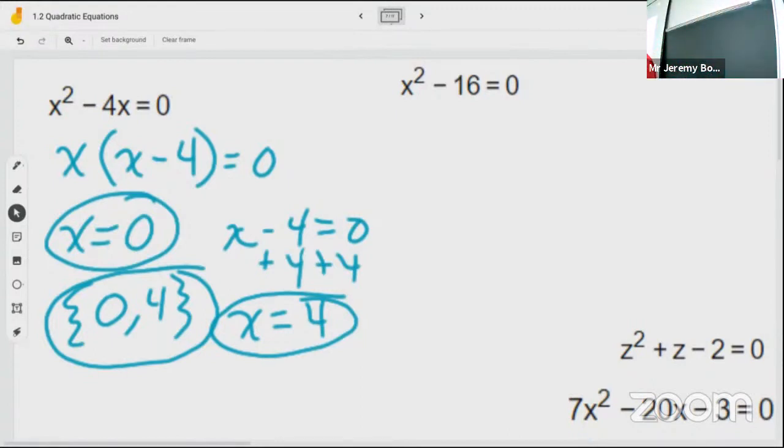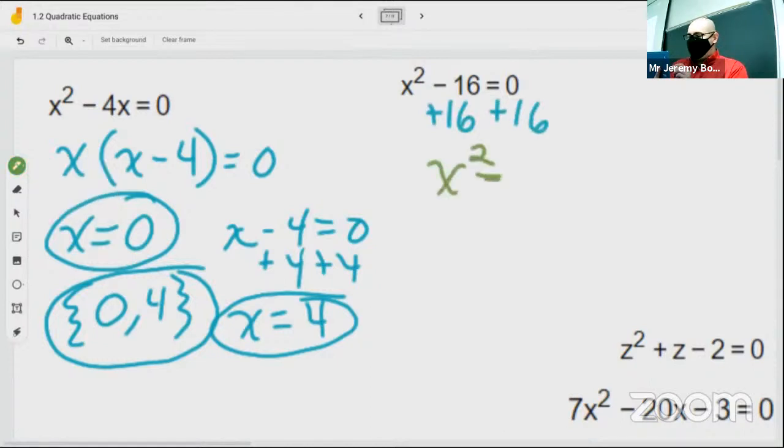The other way that we could solve it is we add 16 to both sides. We'll get x squared equal to 16. And what can we do from there?